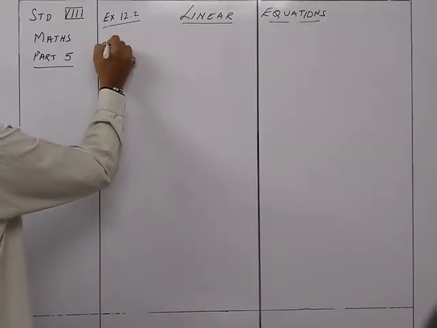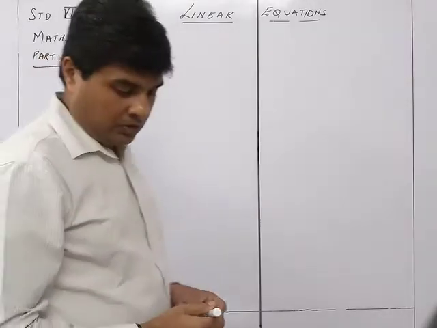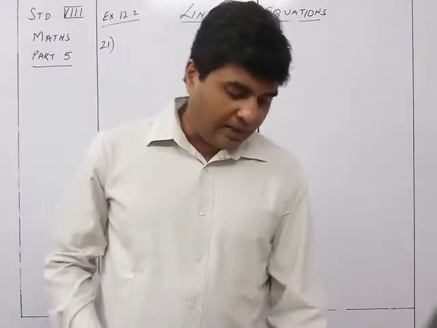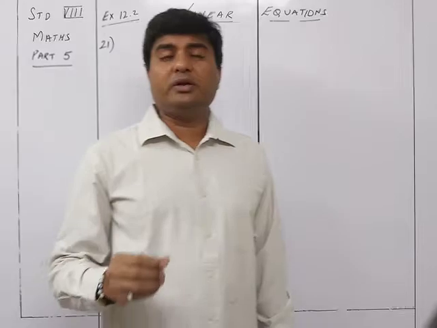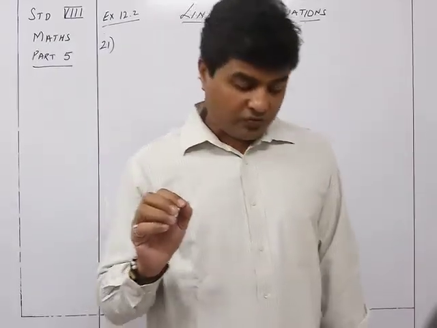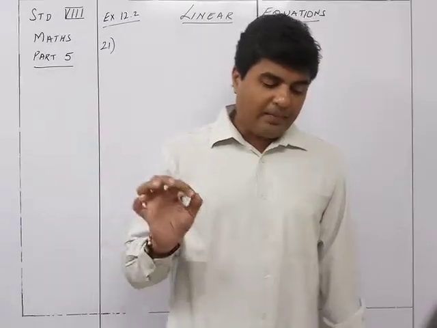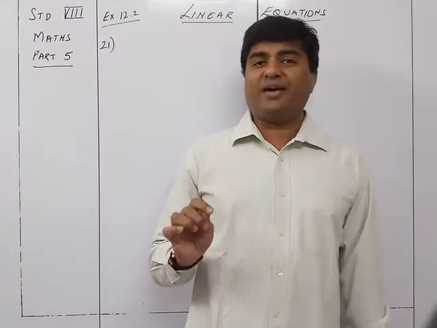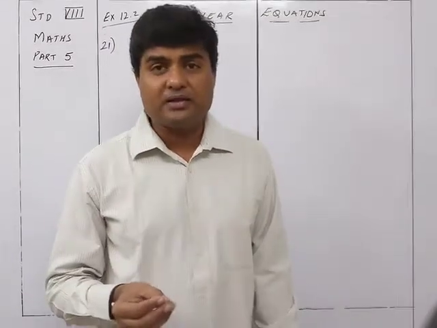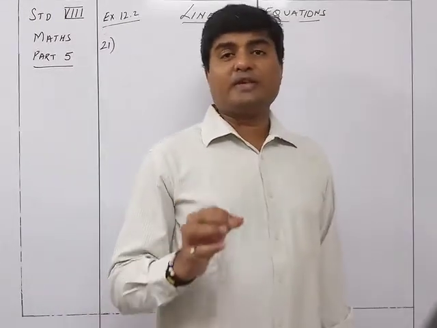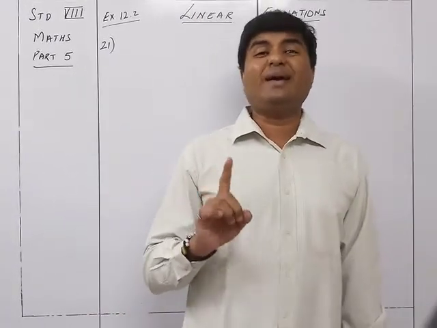Sum number 21. Now, okay. Now the sums are based on geometrical things. So first we have 2 supplementary angles that differ by 50. Now what are supplementary angles? Supplementary angles are those angles whose total is 180 degrees.